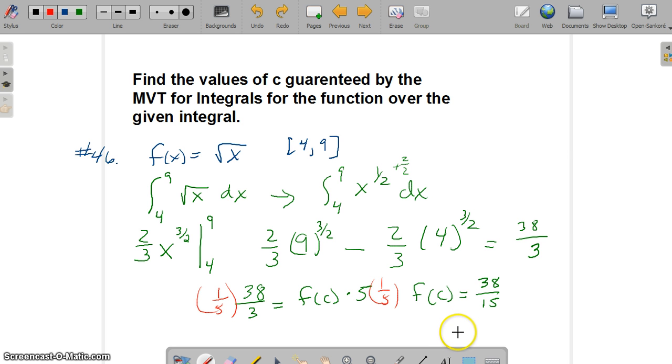Now if I want to figure out, so I'm going to go back, f of c is 38 over 15. So if f of c is 38 over 15, and I want to figure out what x is, I would have to solve this equation. Basically this is f of c right here, equals this. So if I square both sides, I'm going to get x equals whatever 38 over 15 squared is.